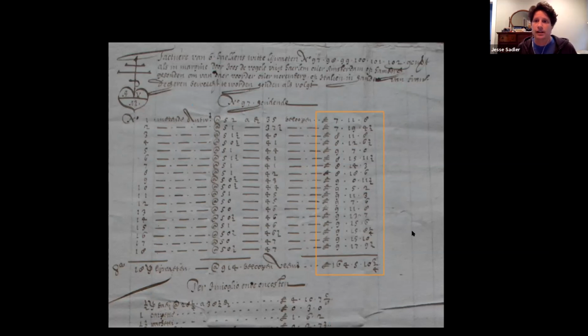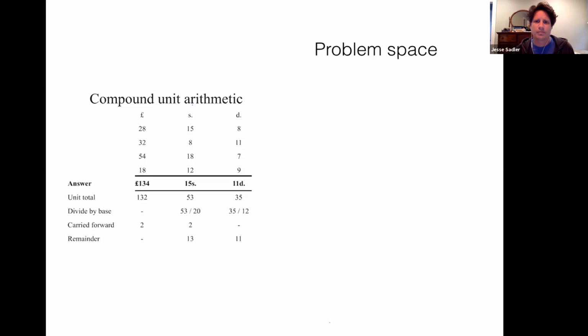So if you want to be able to replicate this and add this up, it's not easy because they're non-decimal currencies. You can't just add it up. The bases are different. You have a lot of problems. So, okay, what is the basic problem space? Think about this compound unit arithmetic, where what we're trying to do is add up these numbers, 28 pounds, 15 shillings, 8 pence, plus 32, 8, 11, and so on, and get this answer.